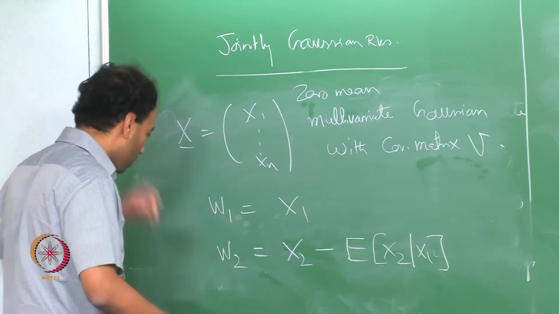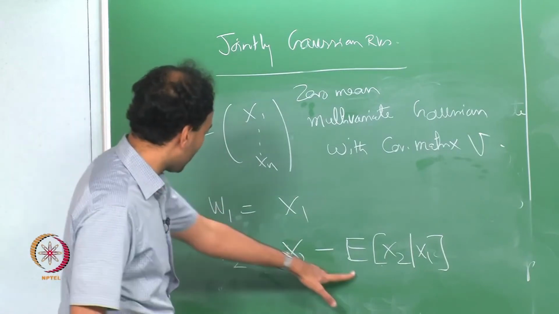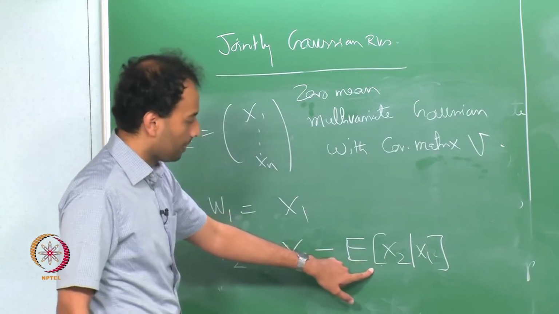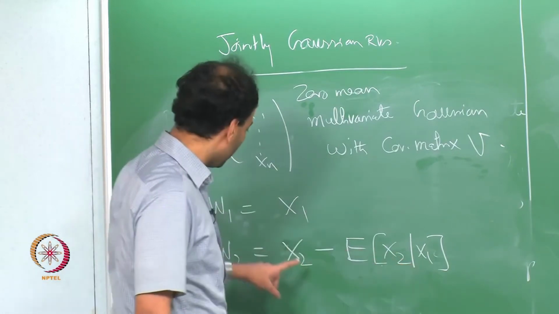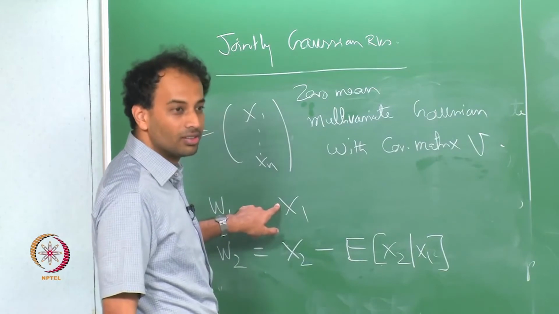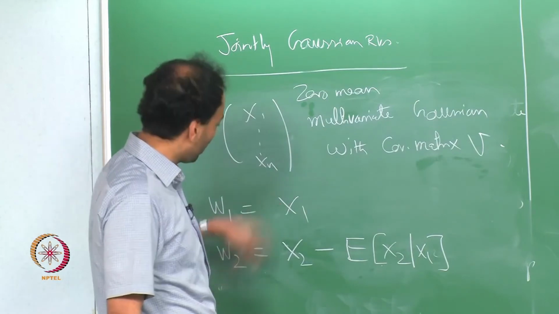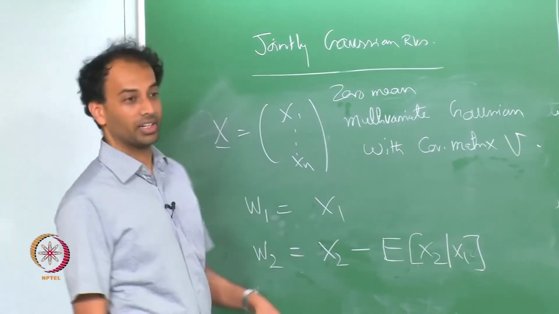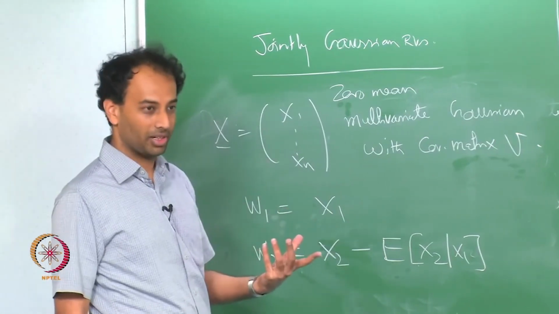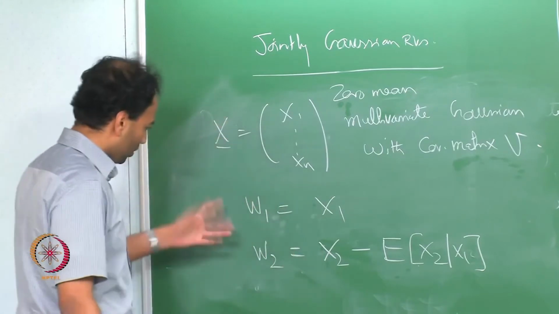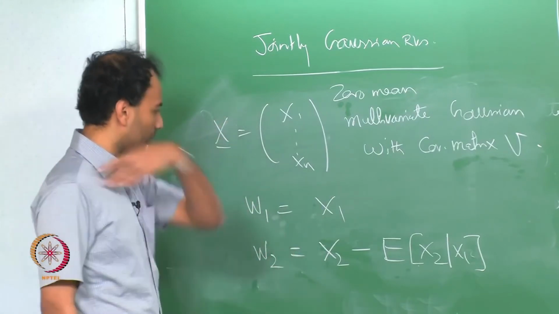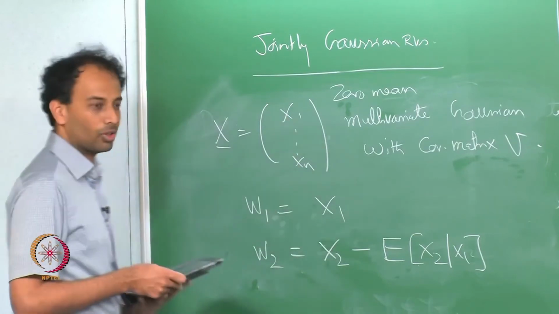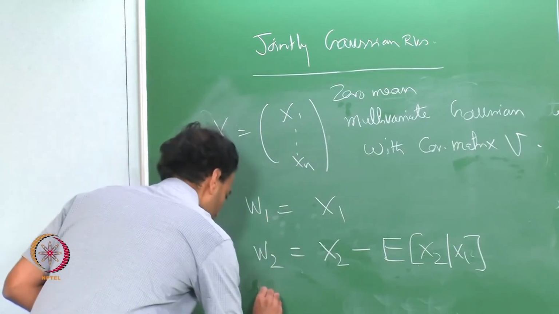okay. So, you know that this is the estimation error in estimating x2 looking at x1, and this is orthogonal to that guy, right. But they are jointly Gaussian, therefore they are actually independent, not just uncorrelated. And if you want to normalize it, you can divide it by its standard deviation to make it unit variance if you like, but I can proceed like this, right.